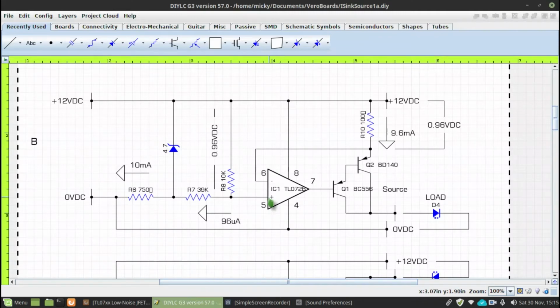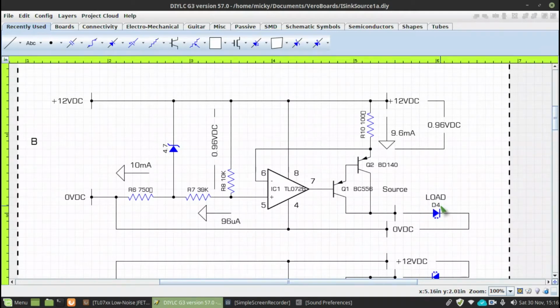The input is voltage selected on the positive input of the op amp on pin 5, and if we were to replace R8, which is a 10K resistor, with a 10K pot, we should be able to move the center wiper of the pot between 0 and 0.96 of a volt, and that's mirrored to R10, and so therefore that should be adjustable from 0 to 9.6 milliamps, effectively creating a load current here of 0 to 9.6 milliamps, no matter what you put on by way of a load at this point here.